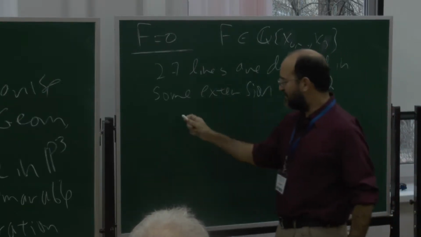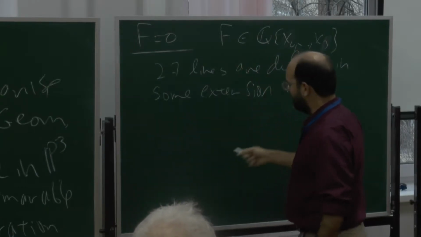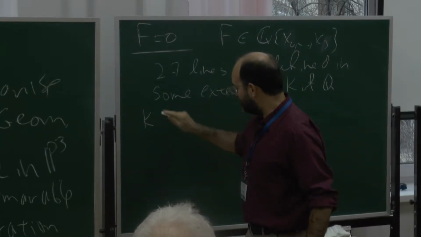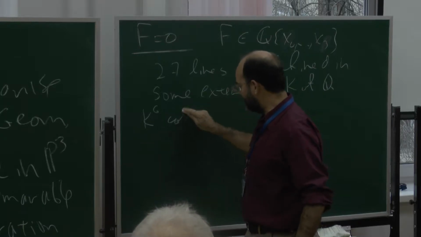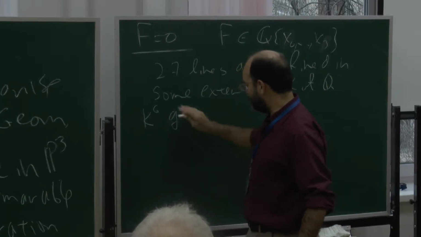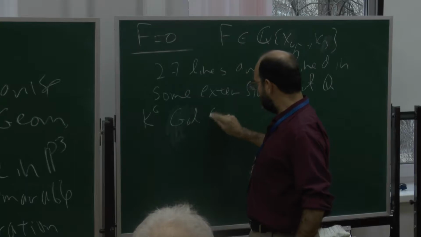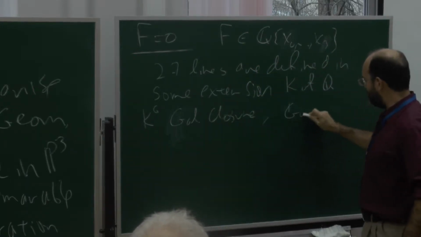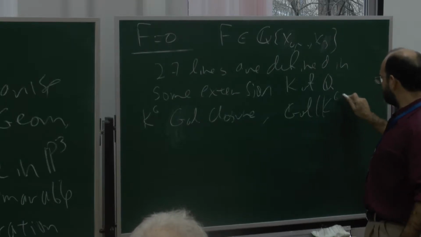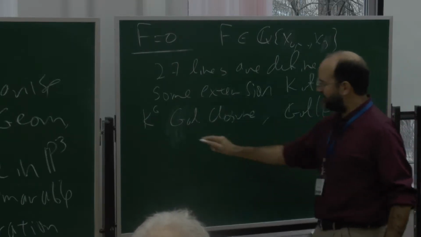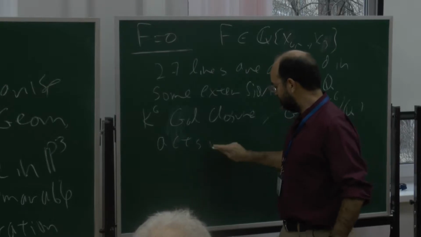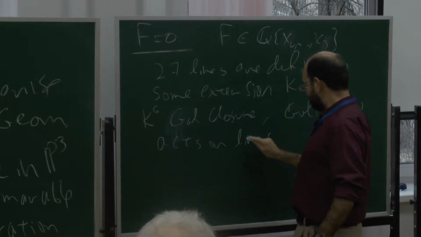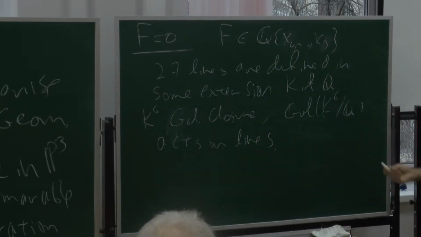Take the Galois closure of K. I don't know what the notation is; I don't really live in number theory. The Galois group of this Galois closure over Q acts on the lines, simply because it has to fix the rational cubic.